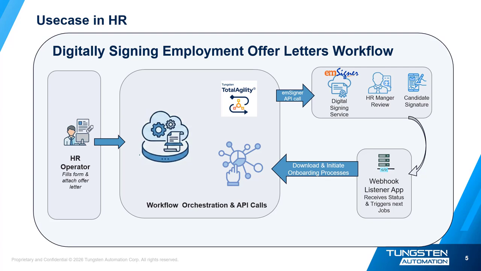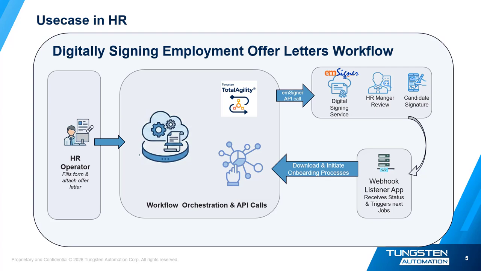In the first use case, an HR use case, an HR operator will be able to easily fill a Total Agility form and attach an offer letter to be sent to a candidate, which will automatically become a workflow in Total Agility.